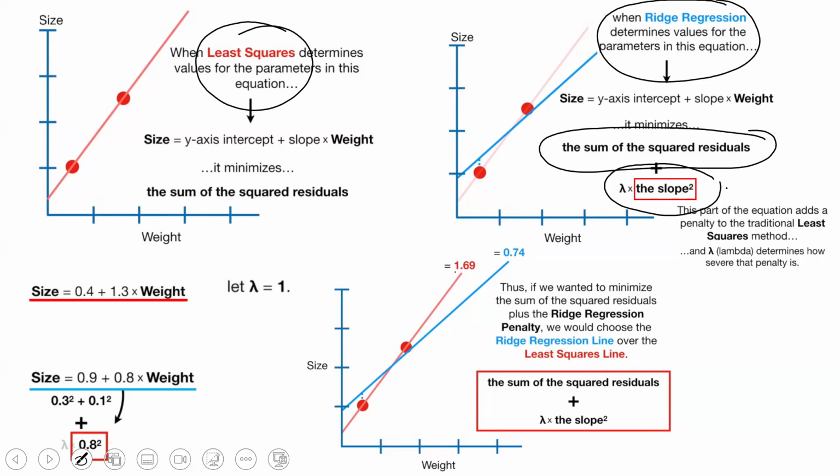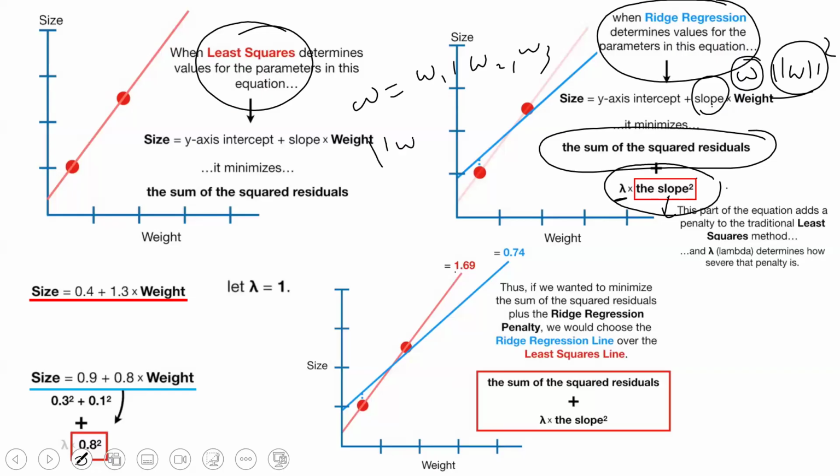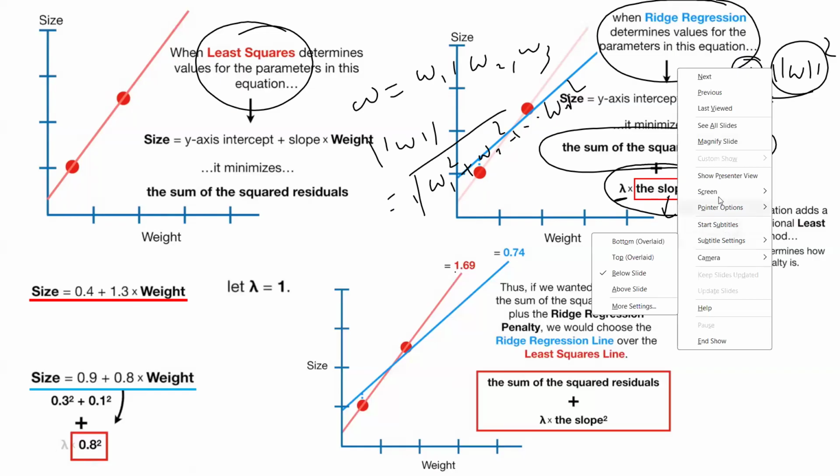The bias is nothing but lambda times the slope squared. Slope is nothing but weight here, so slope squared is weight squared. Let's suppose you have n weights w1, w2, w3, and so on; the modulus of w squared is w1 squared plus w2 squared, and so on, up to wn squared.